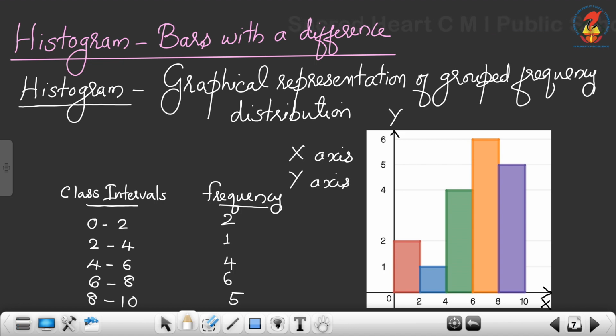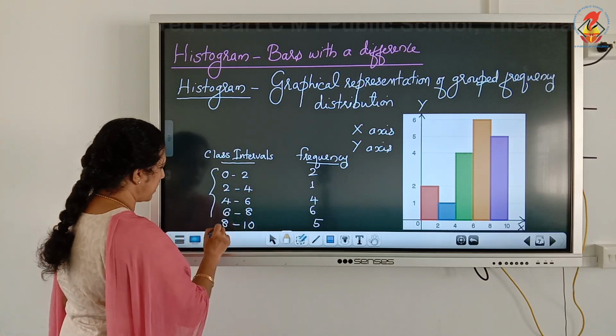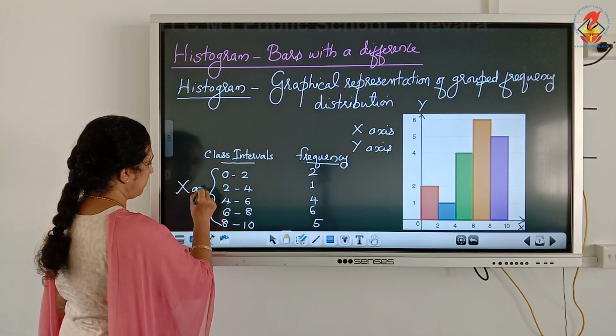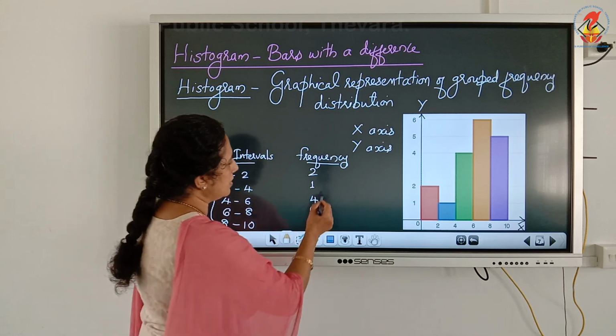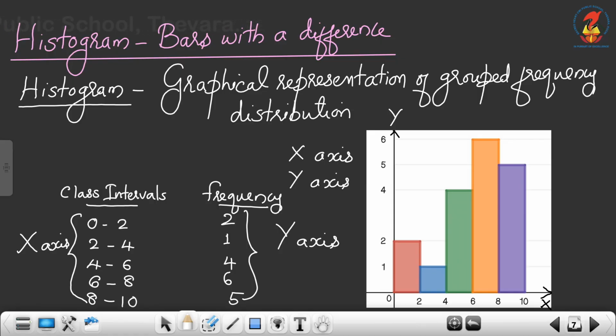The class intervals are marked on the x-axis, and the frequencies are marked on the y-axis.